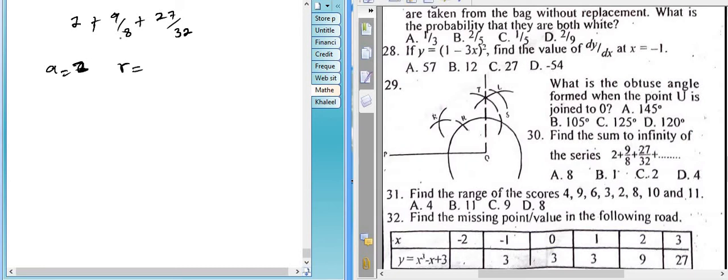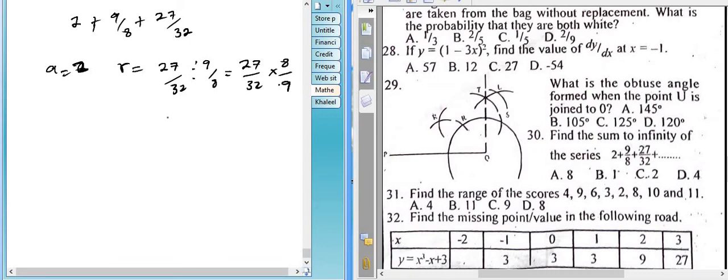and the common ratio is given as this one divided by this, which is 27 over 32 divided by 9 over 8. So this will exactly equal 27 over 32 times 8 over 9.